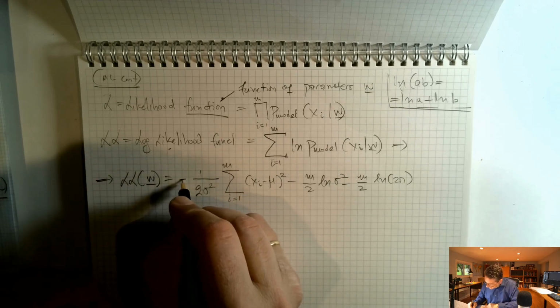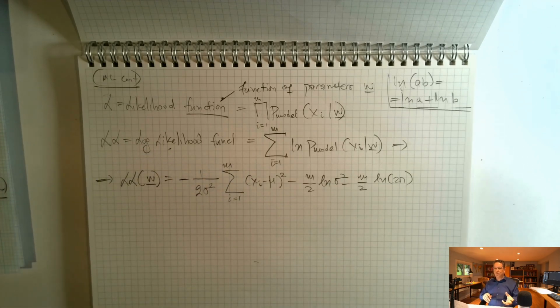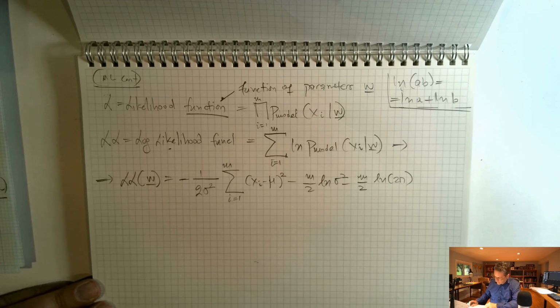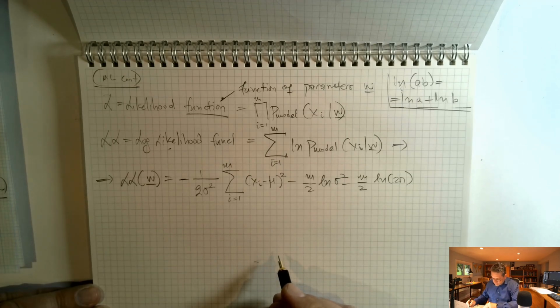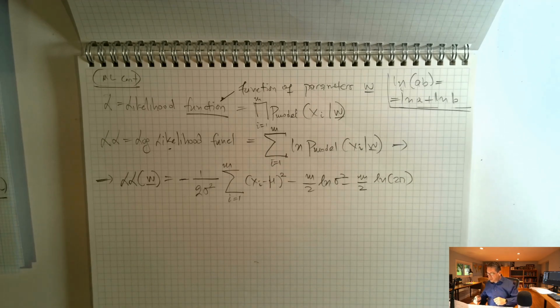I understand that this is a complicated expression, and that's why I think it's worthwhile plotting it. We have a notebook that we will go through that plots this log likelihood. The only thing I want to mention before plotting it is that many of the optimization algorithms that we will be using, the descent type of algorithms, are minimizers.